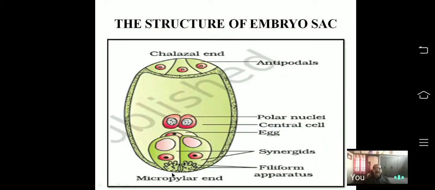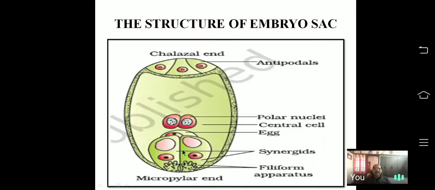And this is the micropylar end. The micropylar end also contains 3 cells, 1, 2, 3. Here the middle cell is called the egg. It will be haploid. On either side of the egg, there are two cells called synergids. So this is the functional egg.